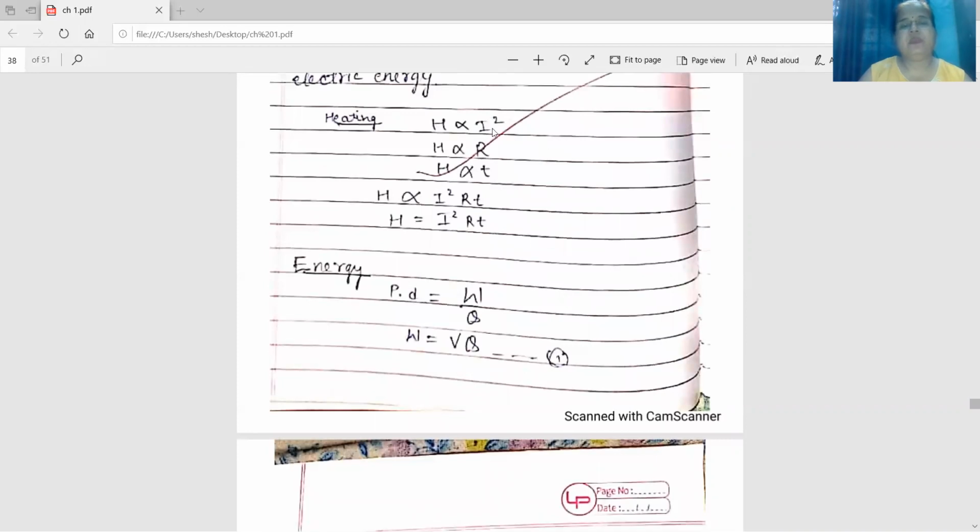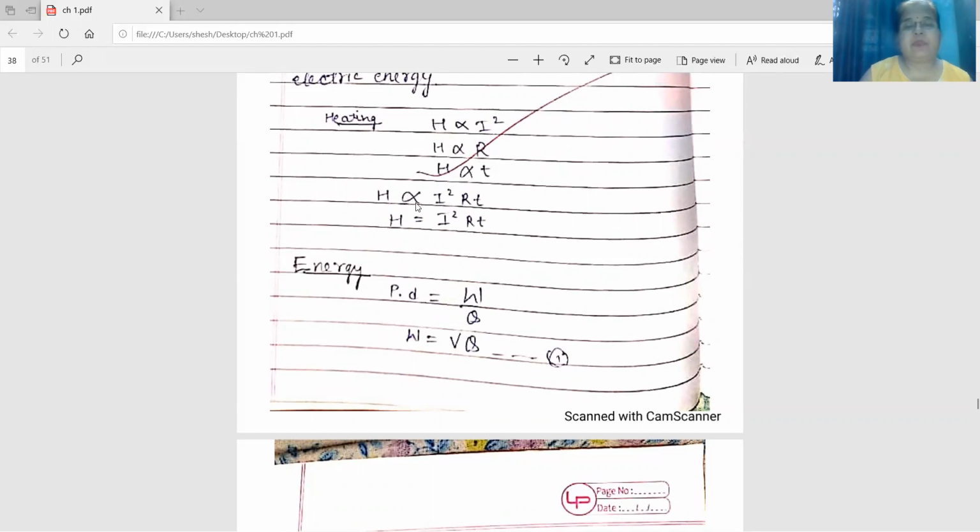The amount of heat produced, let it be H. H is directly proportional to I square, the current. H is directly proportional to resistance. And H is directly proportional to time. When you combine all these three, you will get H is directly proportional to I square RT.